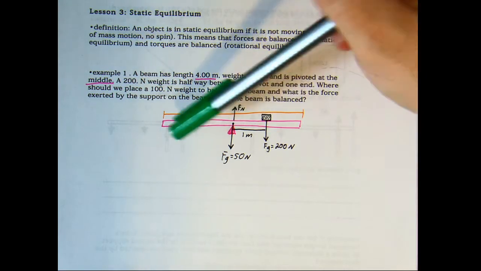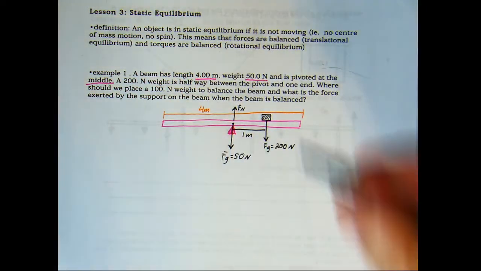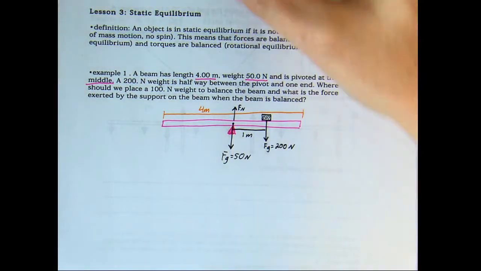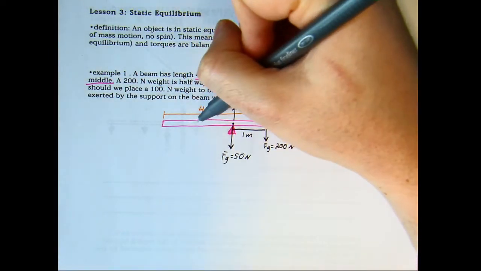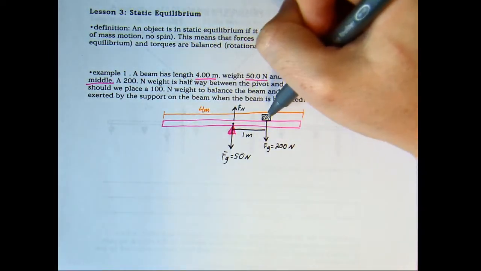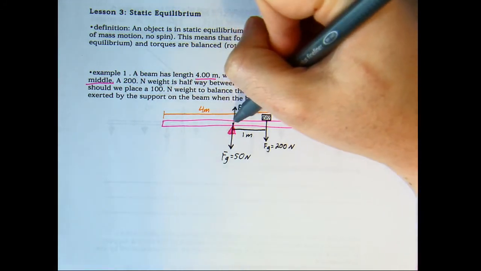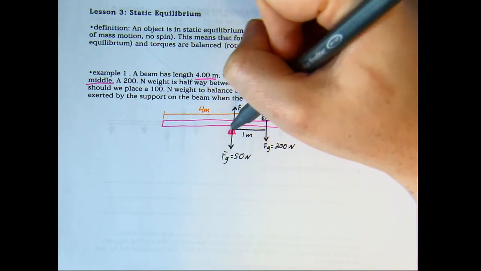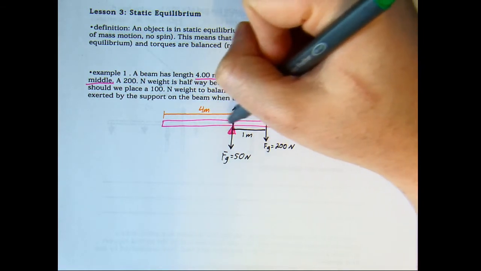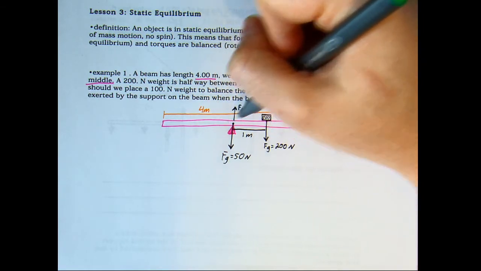We're told that we're placing a 100 Newton weight to balance the beam on this pivot. And so I hope it goes without saying that the 100 Newton weight is going to have to go over here to balance the torque created by this weight, because the weight of the beam, because the pivot's at the same place as gravity is acting on the beam itself, isn't actually going to be contributing to the torques at all.